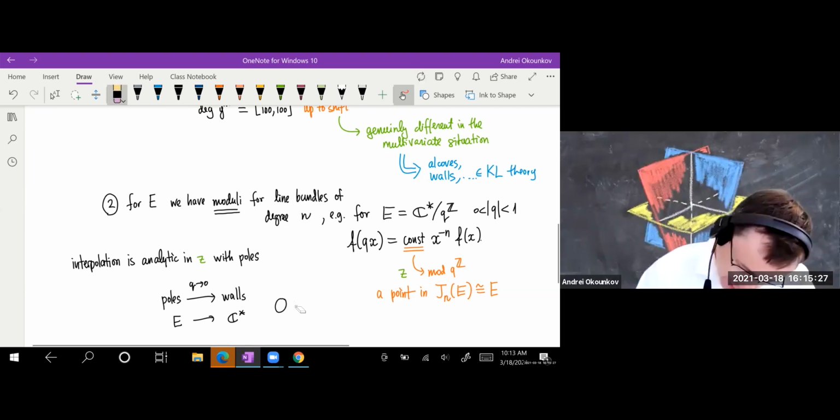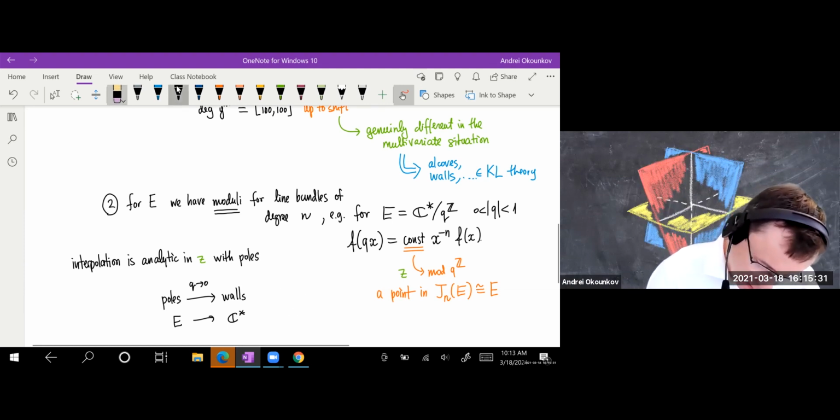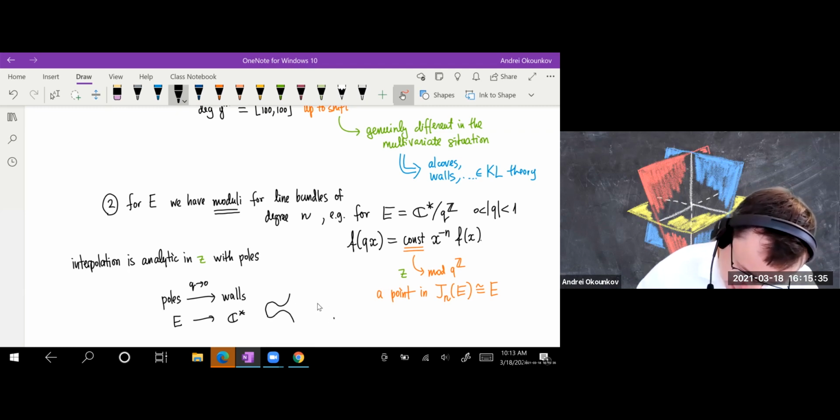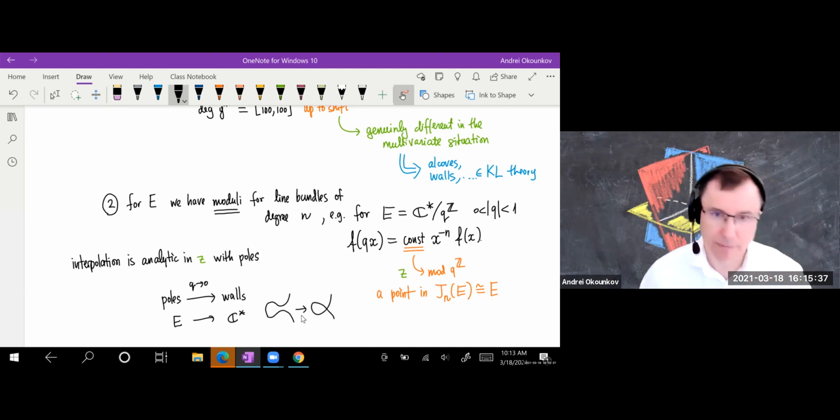Okay, I should do better work at drawing a smooth elliptic curve. Let me say if I have a smooth elliptic curve, it may degenerate to another one. And so this is the fact that there is analytic dependence. There's an extra parameter that parameterizes.